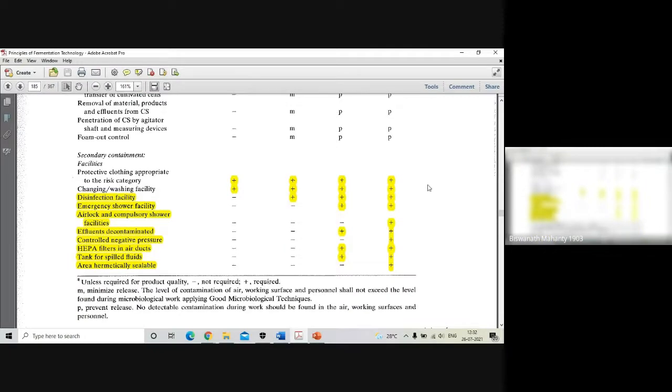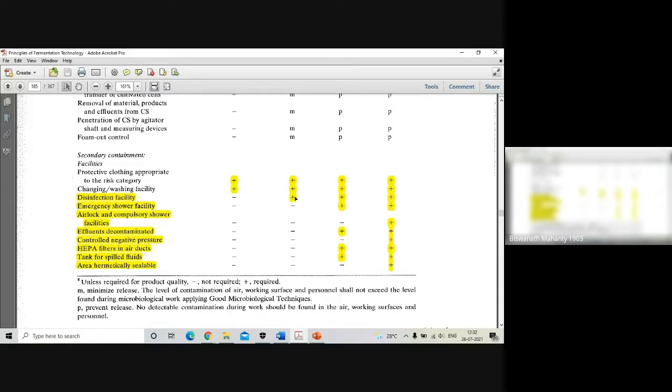You see, protective clothing appropriate to the risk category is there everywhere. Changing and washing facilities are there everywhere. But now, when I'm talking about category 1, what are the additional things I'm having? I should have disinfection facilities, that is required. In our lab, for example a research lab, it is not mandatory that I should have disinfection facilities.